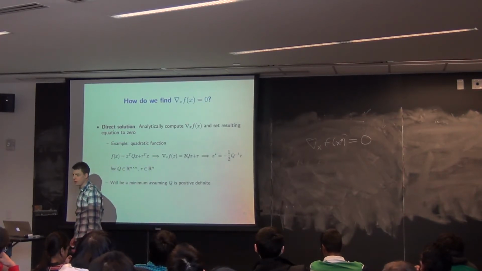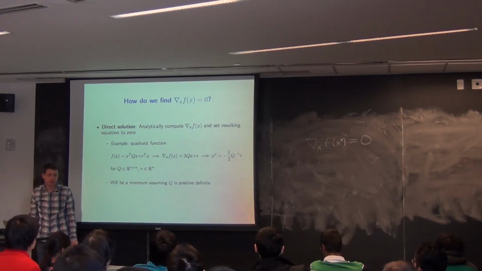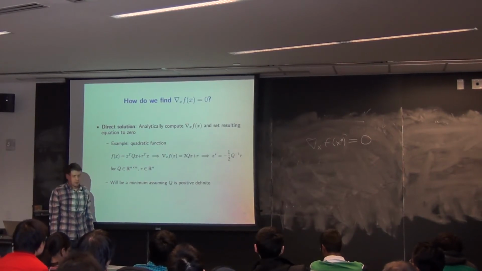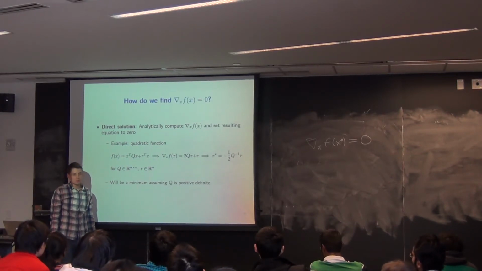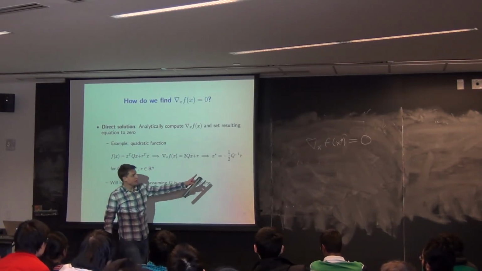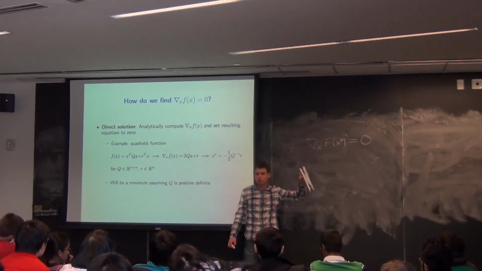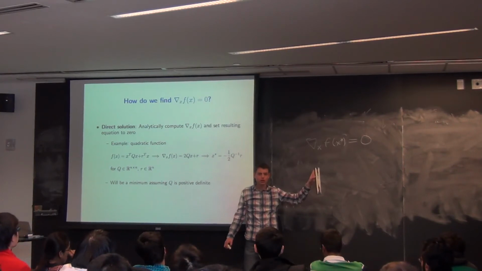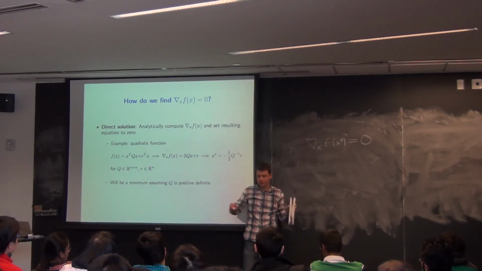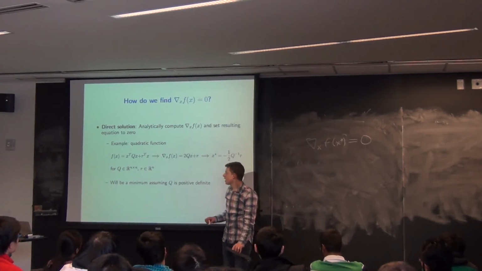You can do it a few different ways. First of all, sometimes, and it's a rare case, you can actually compute the gradient analytically. Again, we're not going to worry about the general rules here. I'm just going to tell you this one rule.